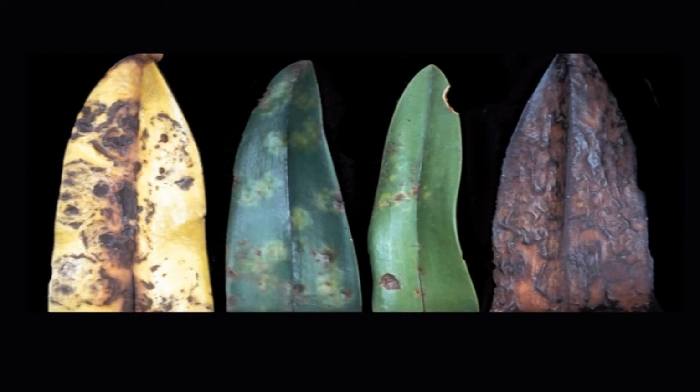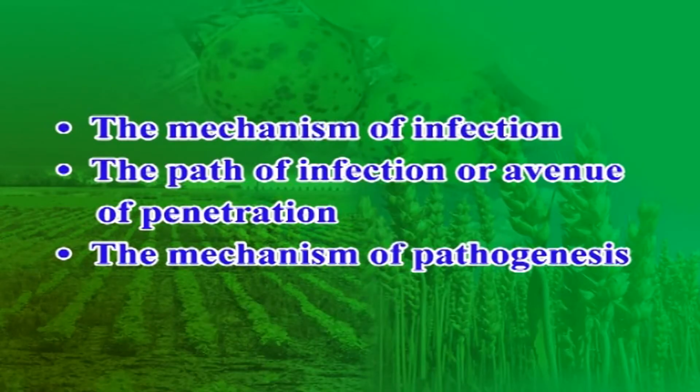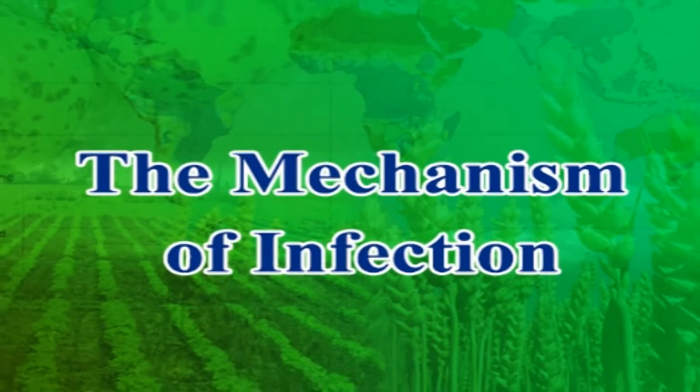Infection, the exhibited disease symptoms accompanied by the establishment and spread of the pathogen. However, we will proceed according to the mechanism of infection, the path of infection or avenue of penetrance, and the mechanism of pathogenesis.